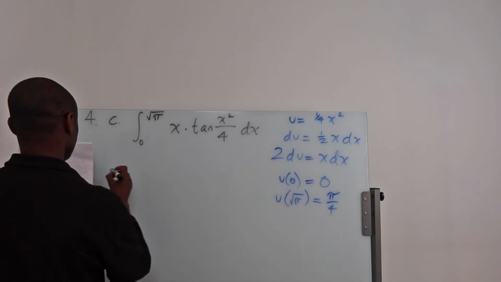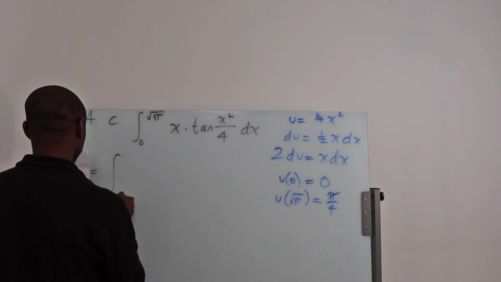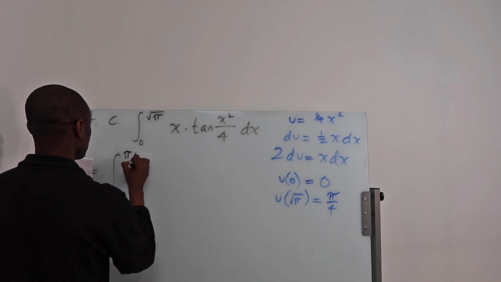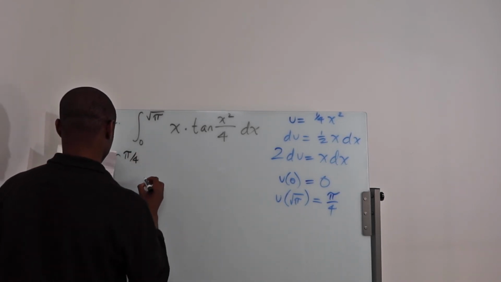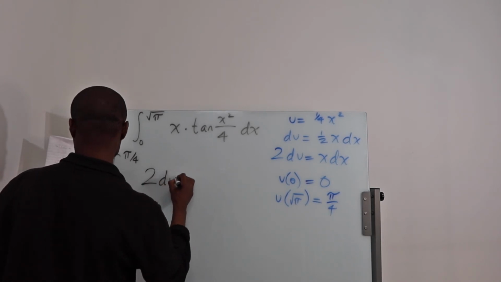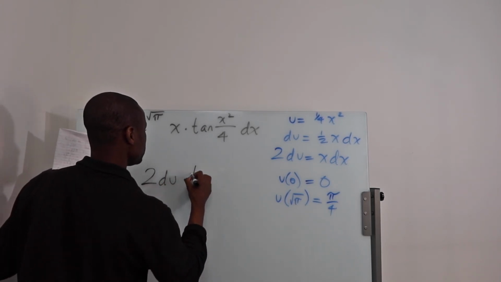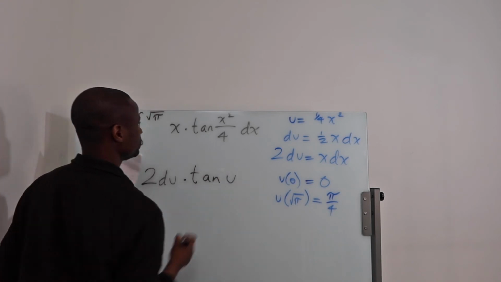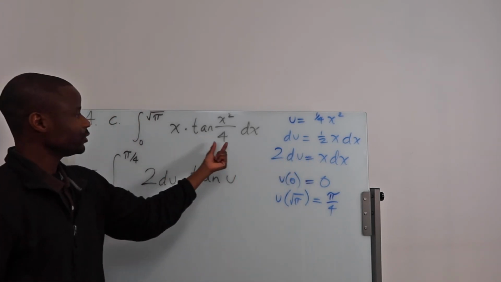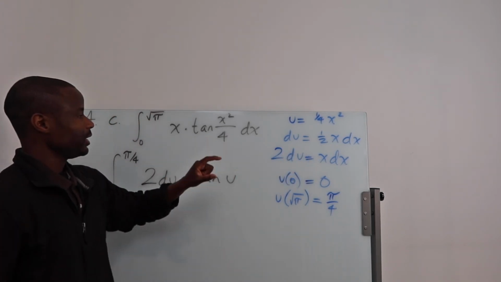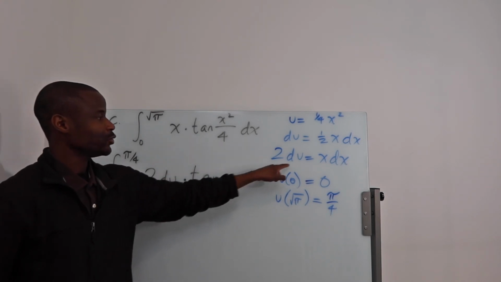So what we have is the integral from 0 to pi over 4 of 2 du times the tangent of u. Here's our u, and x dx is 2 du.